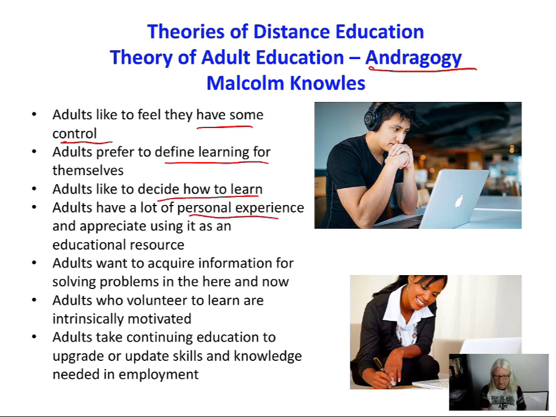Adults have a lot of personal experience and appreciate an educational resource such as e-learning. Adults want to acquire information for solving problems today. Adults who volunteer to learn are more intrinsically motivated. That's important. Adults take continuing education to upgrade or update skills and knowledge needed in employment.